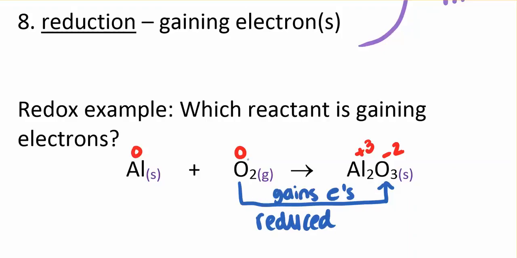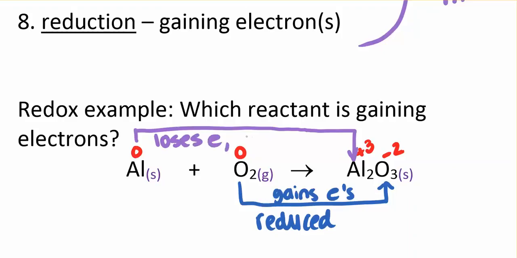When it goes from 0 to -2, that's a reduced charge, so it is being reduced. And then if we look at our other reactant, aluminum is going from 0 to +3, so it's losing electrons, it loses electrons, so it's oxidized. Again, you'll always have one reactant oxidized and one reactant reduced.